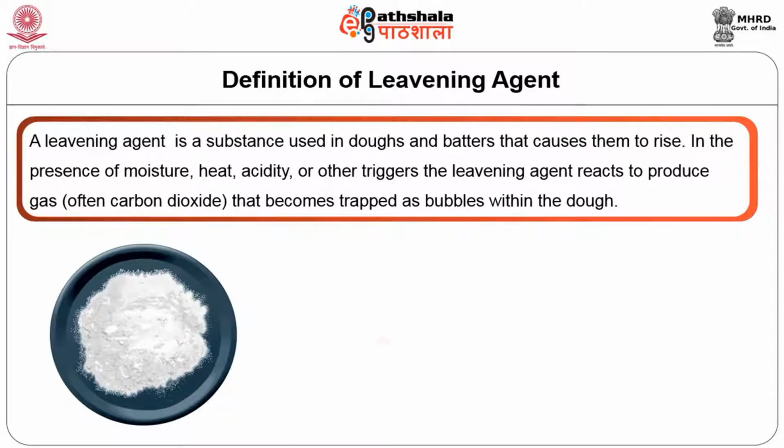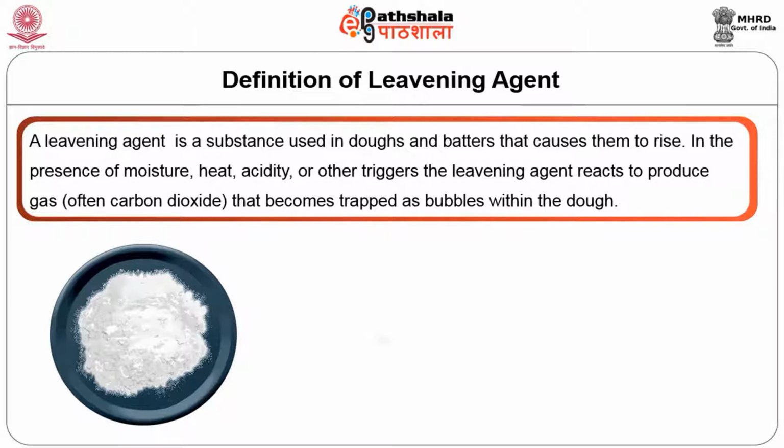A leavening agent is a substance used in doughs and batters that causes them to rise in the presence of moisture, heat, acidity or other triggers. The leavening agent reacts to produce gas, often carbon dioxide, that becomes trapped as bubbles within the dough.